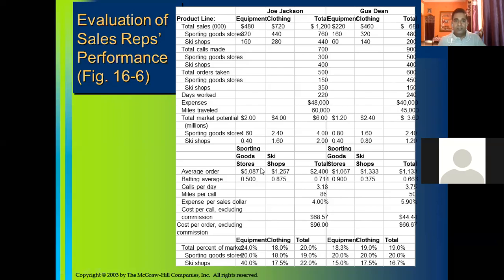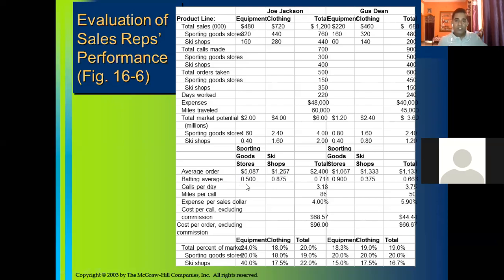Similarly, the average order is $5,087 per order for sporting goods stores, and for ski shops it is $1,257. So the average order for ski shops is quite low for Joe Jackson.